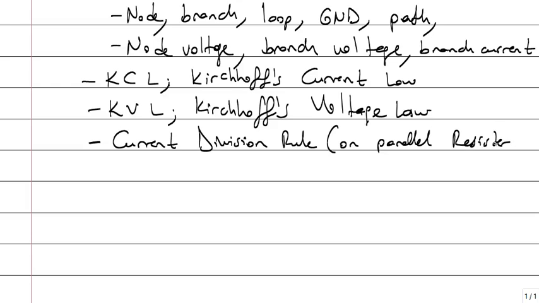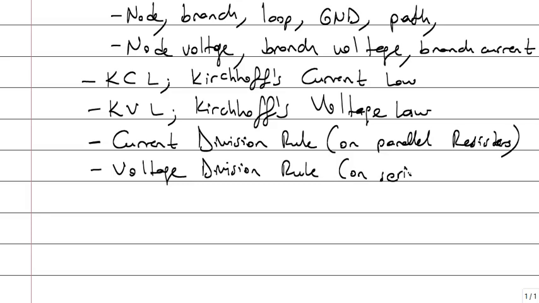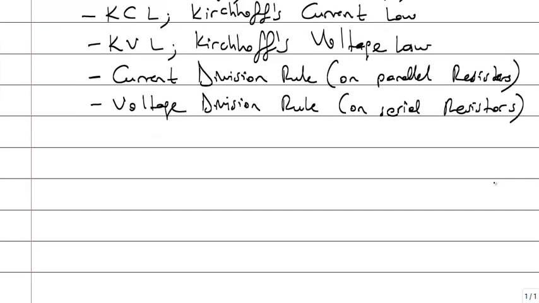Okay, current division occurs on parallel resistors, and voltage division rule on serially connected resistors. Okay.